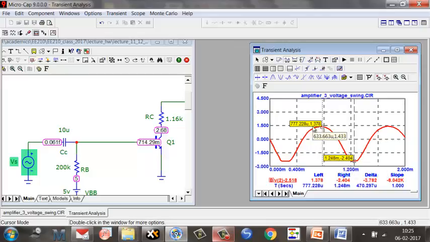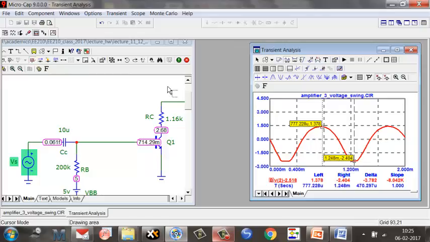Oh, 3.7 or 3.8. So you say I get a swing of 3.8, but with how much distortion? With a larger distortion. So saying that I get a certain swing is not enough. You have to say with how much distortion I am getting it.